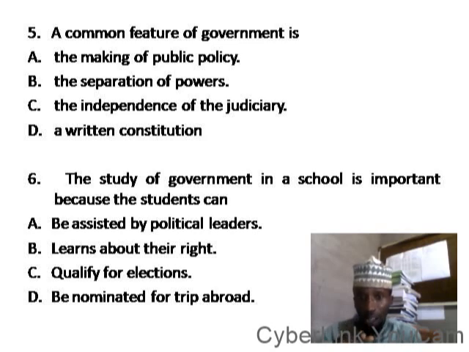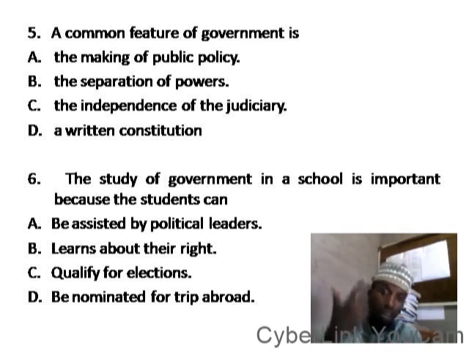I want to call the attention of my students to the word common. Common feature, you can underline it. Everything is about government, but which one is common? We do have different types of governments: unity governments, monarchy governments, democratic governments, oligarchy, feudalism, and the likes.